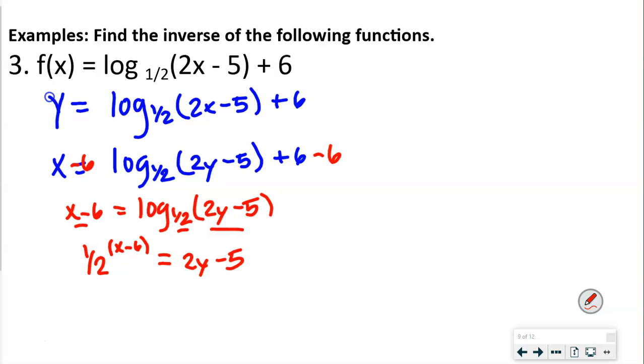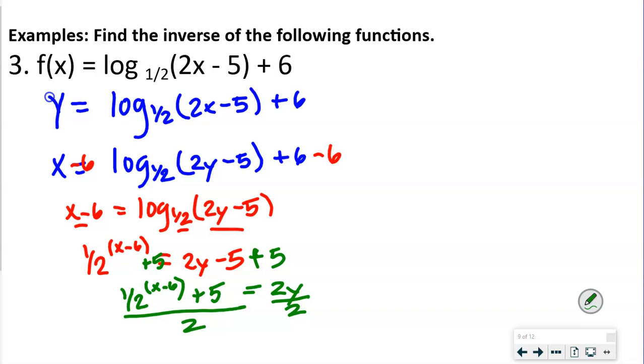So now, how do we get rid of that 5? We're going to add 5 to both sides. So this is going to end up being 1/2 to the x minus 6, plus 5. That equals 2y. Then we're going to divide the whole thing by 2.